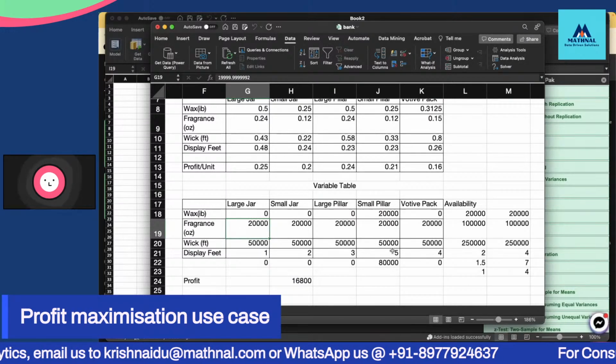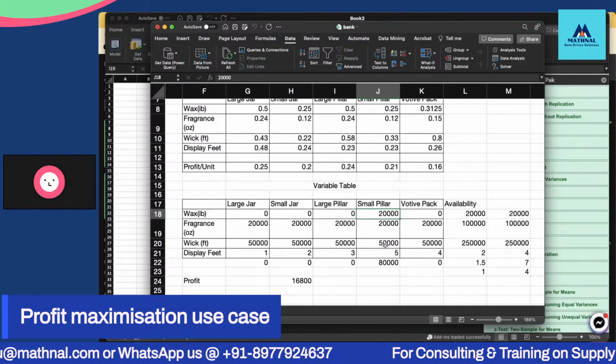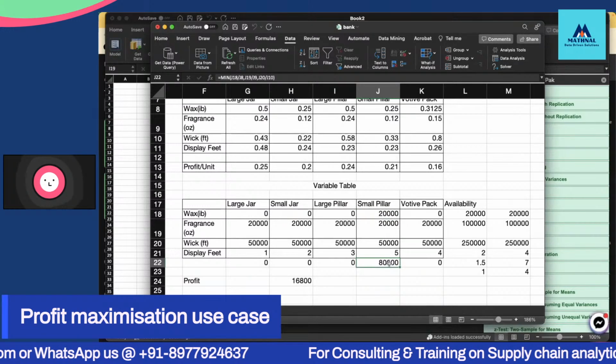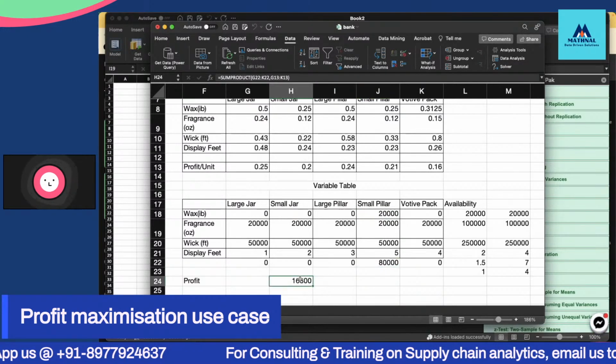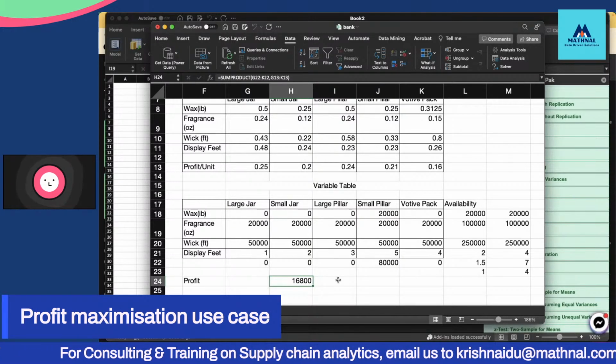So it is suggesting us to go with the small pillar totally to achieve the total profit of 16,800.